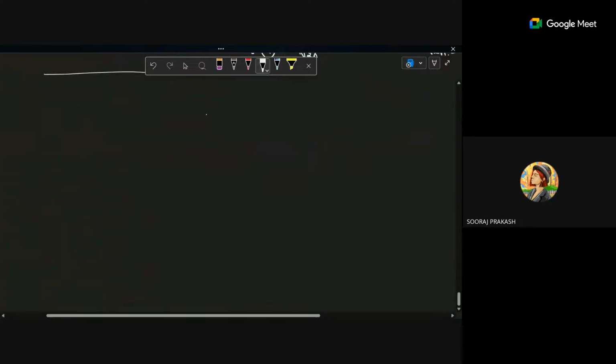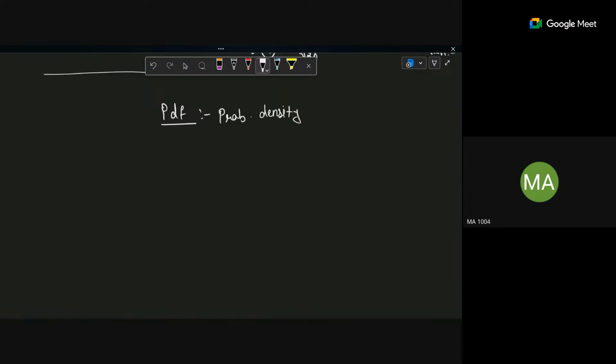Is it because we are discussing PDF? So what is the full form of PDF, by the way? Probability density function, right? What do you feel when you talk about PDF?